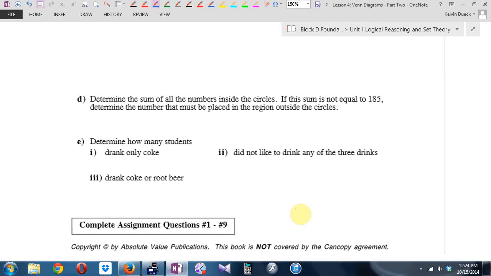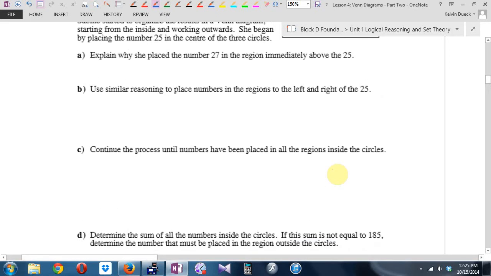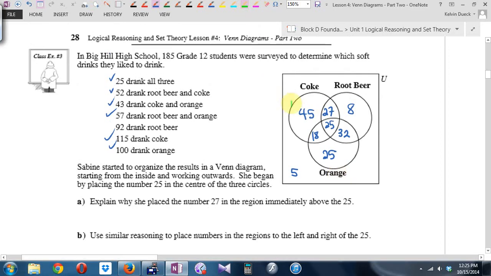How many students drank only Coke? 45. How many students did not like to drink any of the 3 drinks? 5. How many students drank Coke or root beer? Now you realize that's going to mean... I think is that not Coke or root beer or both?